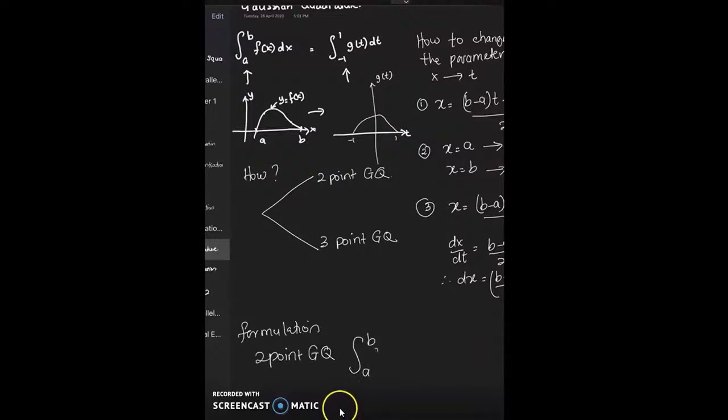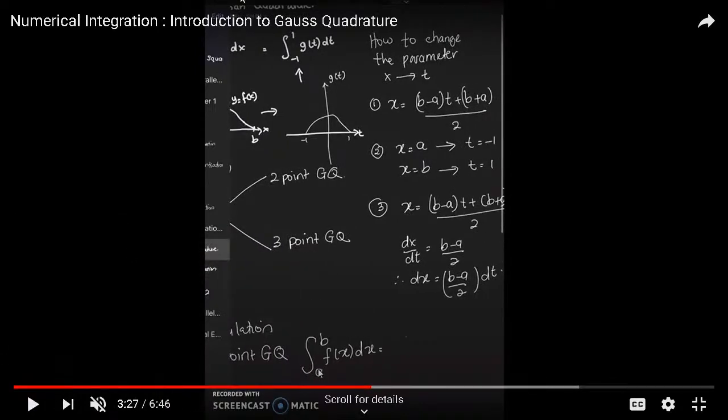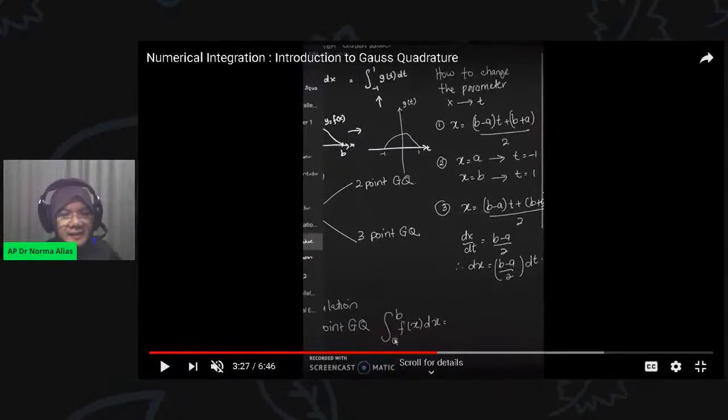You don't need to prove it, but you need to remember the 2-point Gauss quadrature. Go to your textbook and find the Gauss quadrature in chapter 6.